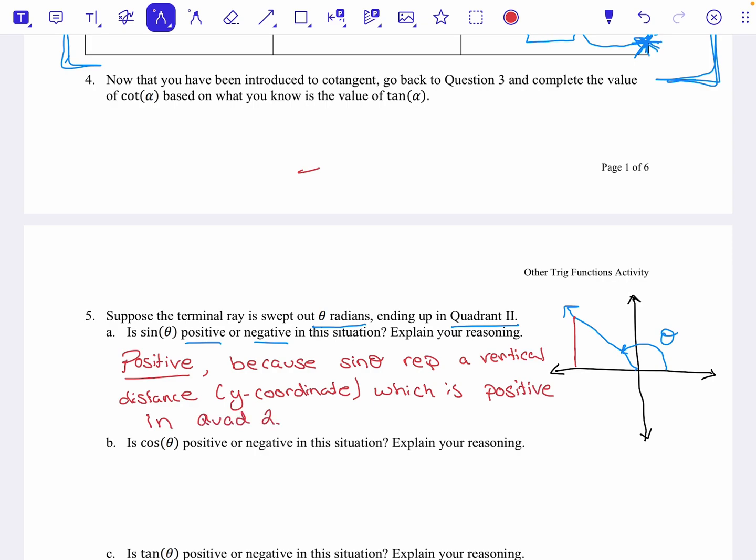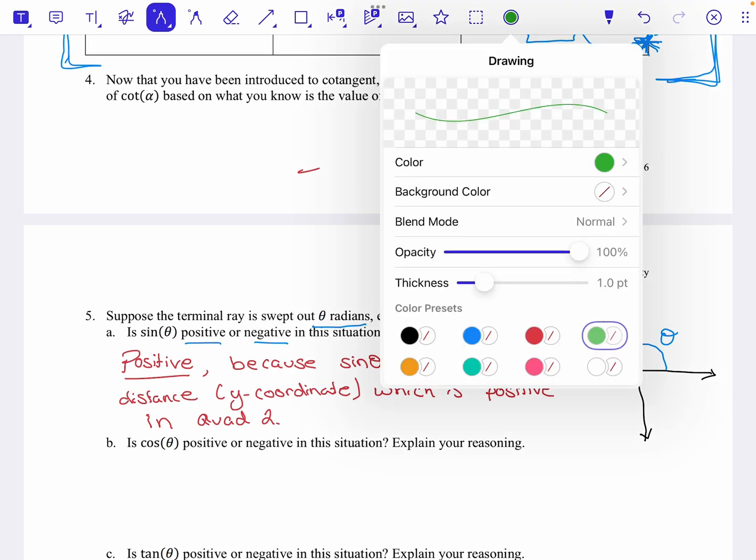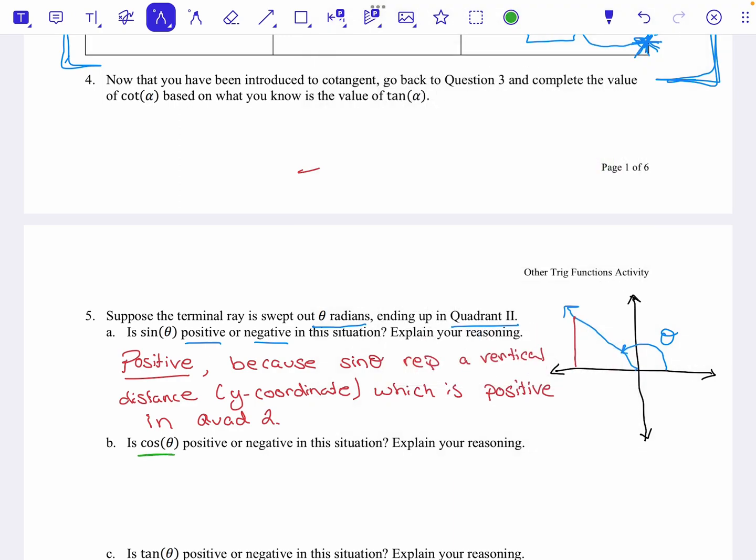All right, the next question is asking us to think a little further. Now we're looking at our cosine value. Remember, cosine is our horizontal distance to that vertical. In this case, our horizontal distance is moving in the negative direction.